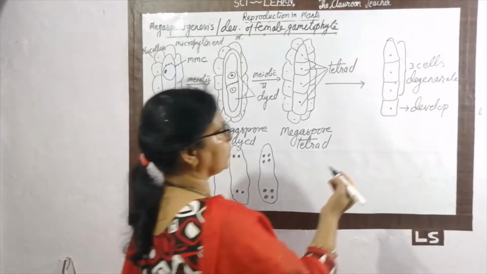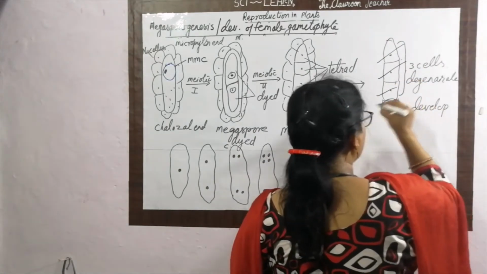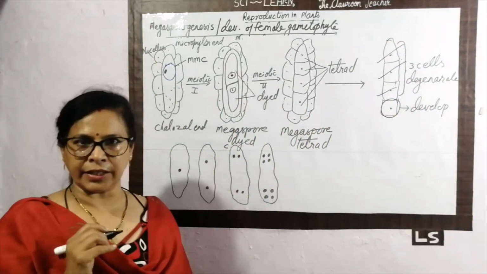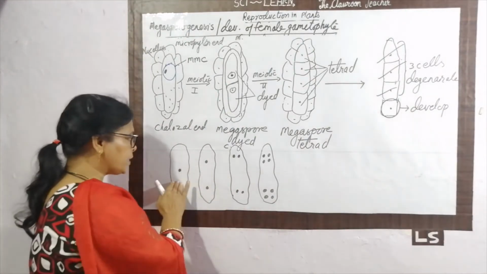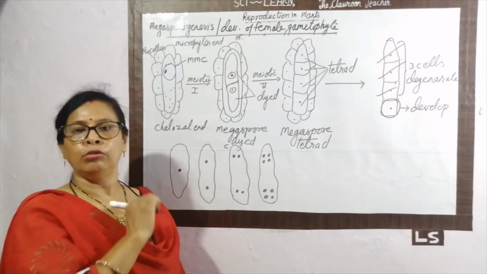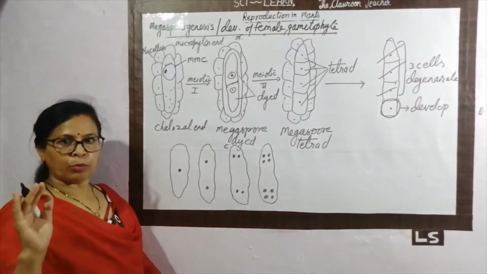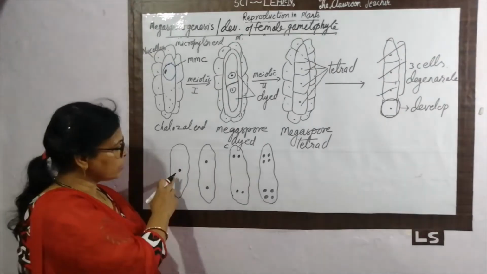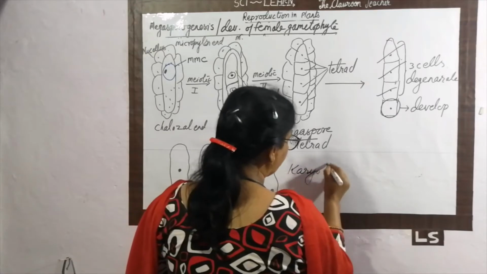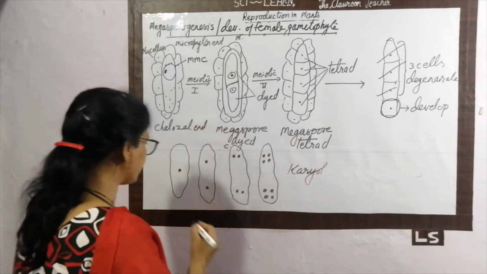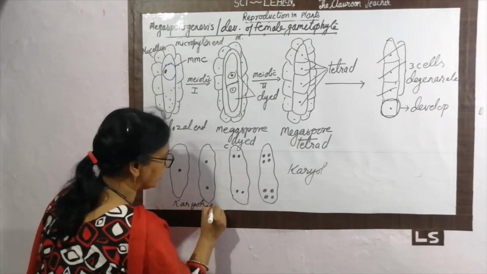The 3 cells get degenerated and only 1 active cell remains here. In the active cell, the nucleus is present and cytoplasm is present; no cytoplasmic division takes place at that time. As there is no cytoplasmic division, then what happens? Karyokinesis is there. This is the process of karyokinesis. And what is karyokinesis? As I told you, karyokinesis means division of the nucleus.